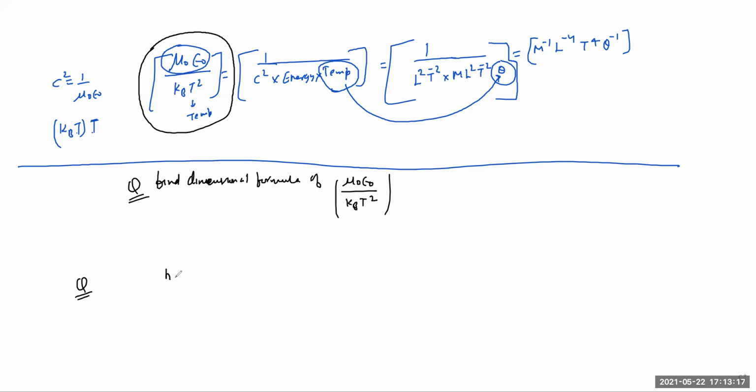Sir, I had a question. Yes. The dimensional constants you gave, do we have to learn the dimensions of them? No, you need to learn the derivation, how to arrive at the answer using some basic formula. You need to remember the basics of the mechanics part.